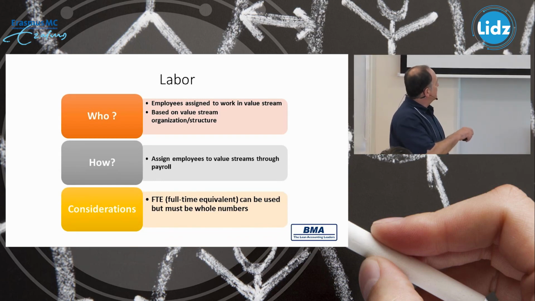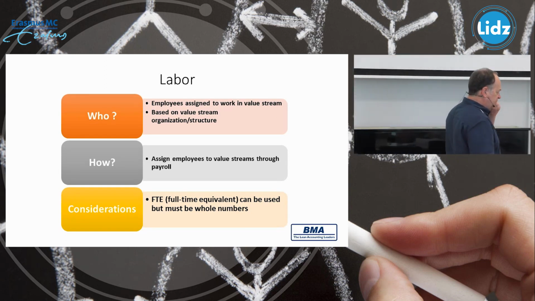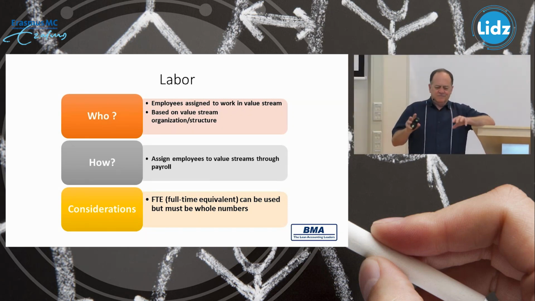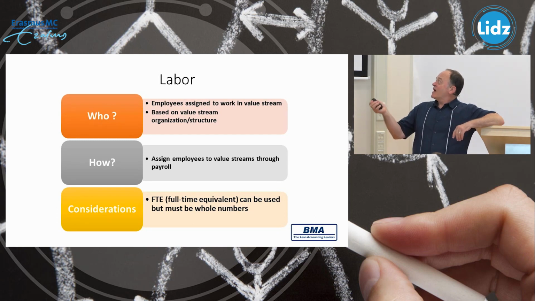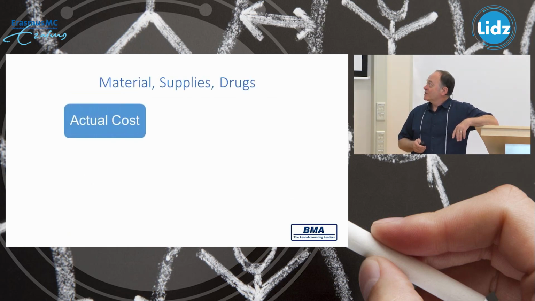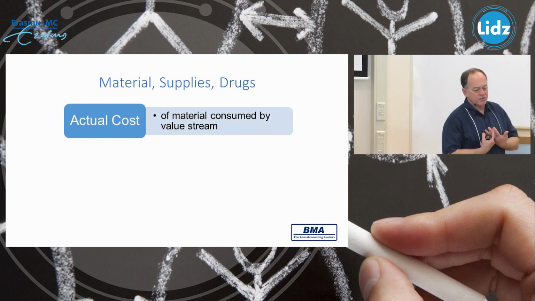I have this in here because in some smaller companies in the United States, they don't necessarily share financial information. If you don't want to put the actual salaries of people in, you can just put in a number based on the number of employees there compared to total salaries. Materials, we're looking at the actual cost of the material used.